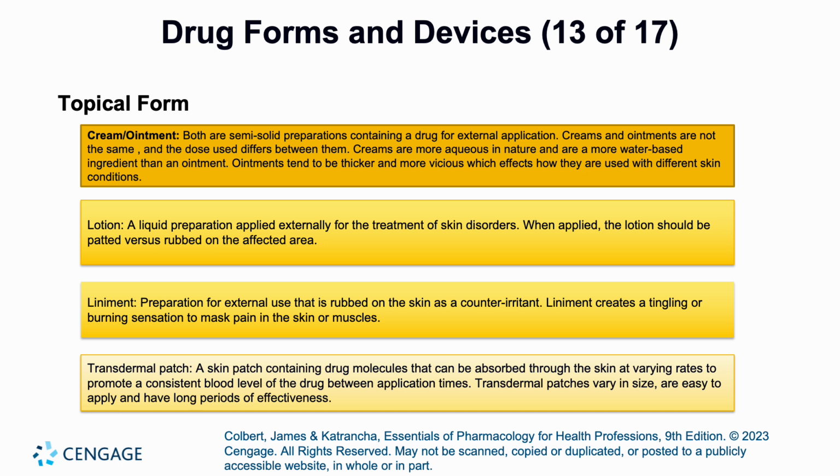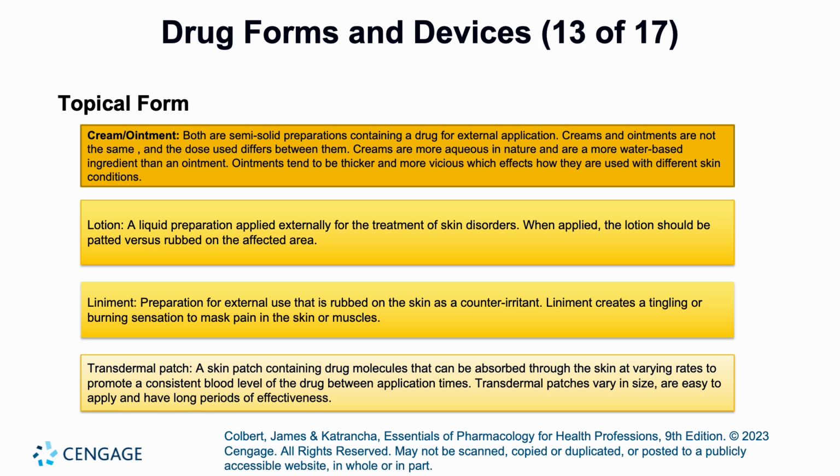So, going back to your objectives at the beginning of the chapter, the benefit of a transdermal patch is that they're very easy to apply, they last for a long time, and they give a consistent level versus, if I rub a cream on, maybe I'm trying to use a tablespoon of cream, but it's not evenly applied every time. A transdermal patch, it's going to sit there and it's going to slowly release that medication into the skin.